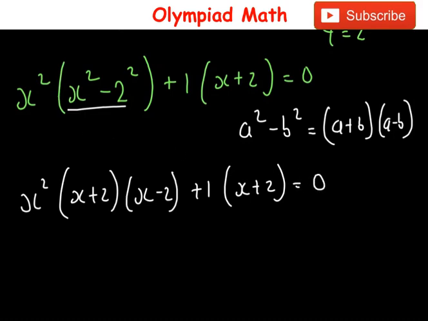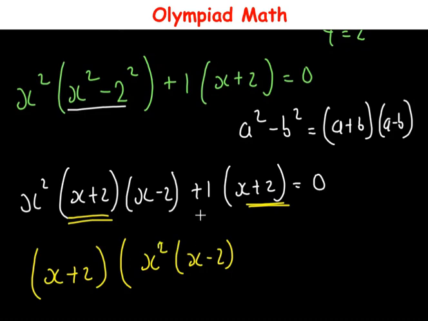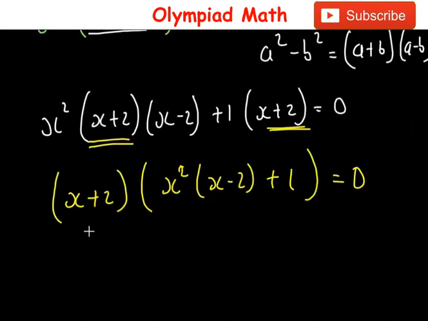With this, we have a common factor which is simply x plus 2. So factorize out x plus 2, we are left with x squared multiplied by x minus 2, then we have plus 1, and this equals 0. Next, we can equate this to 0 or equate this to 0.